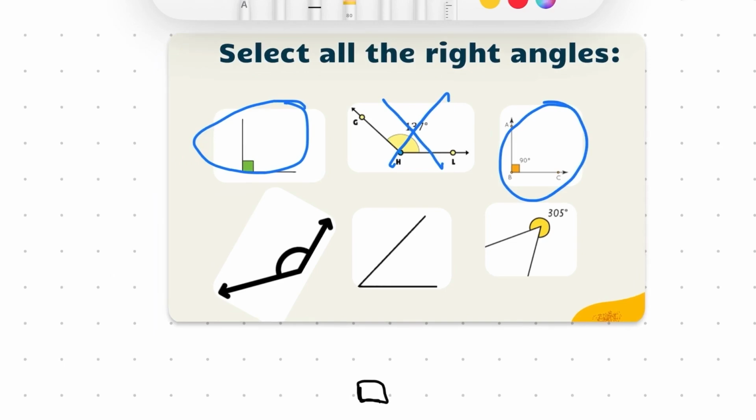For our next diagram, we do not see the square, and therefore, it is not 90 degrees. For our next one, we don't see any labeling, so we cannot assume that it's a 90 degree angle. So that is not a right angle either. And finally, for our last diagram, 305 degrees is too large to be a right angle, so that does not satisfy our conditions.